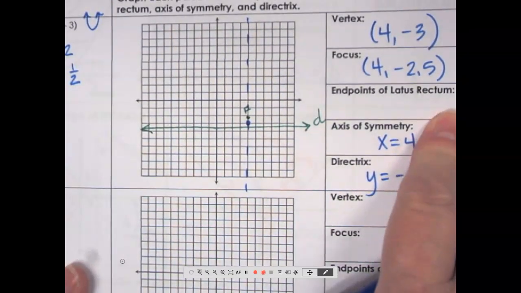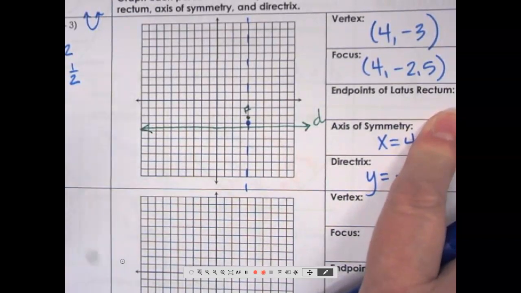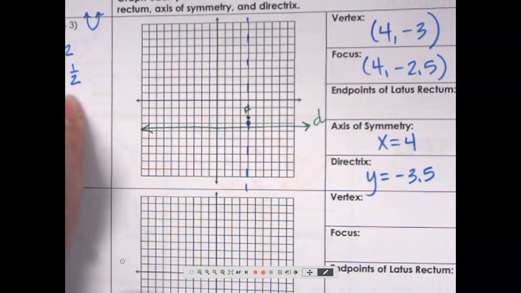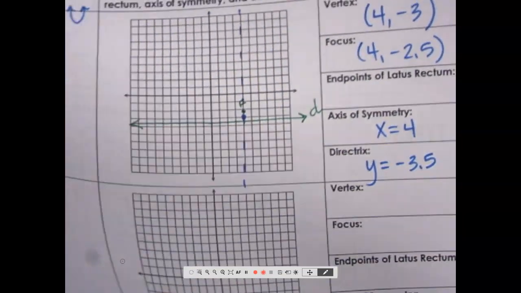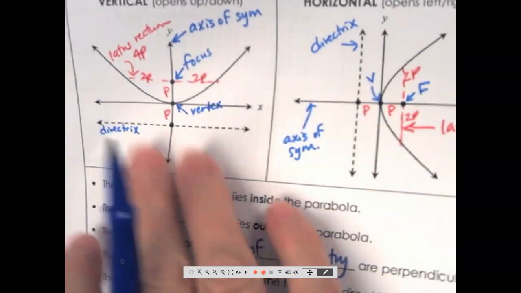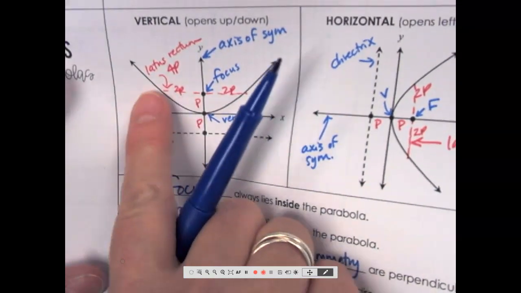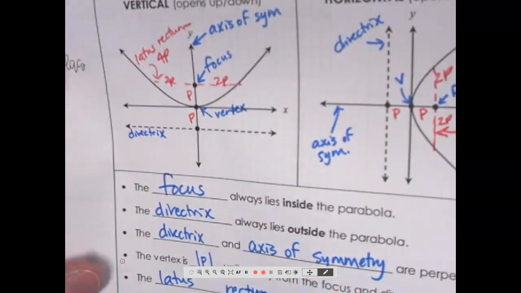And then let's find these two endpoints here, and then we'll be able to graph it. Remember P was 1/2. So I am going right 2P and left 2P for a full length of 4P there.